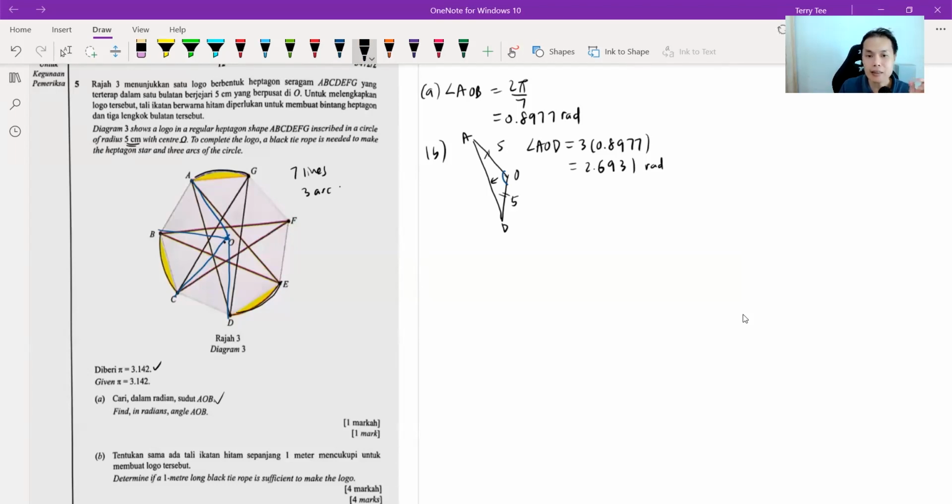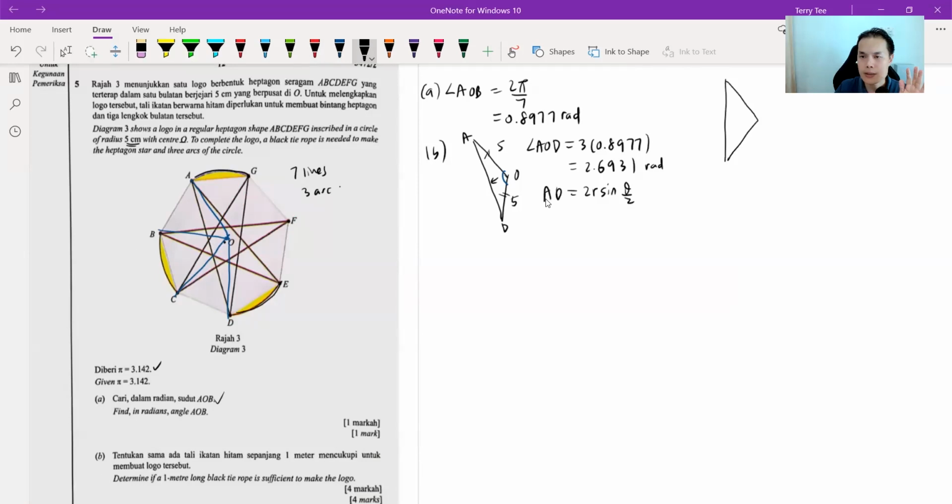To find the length of AD, you either use cosine rule or you can use the formula for length of chord. I like chord. For those who are not sure about the formula for chord, chord AD in this case is given as 2r sine theta over 2. If you're not sure about this, you can use a slow way.